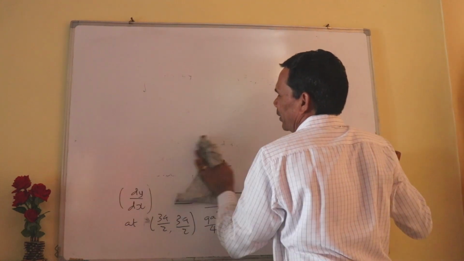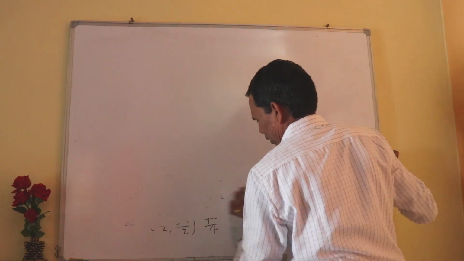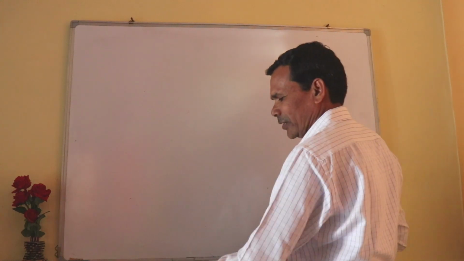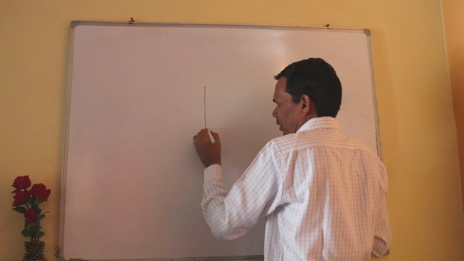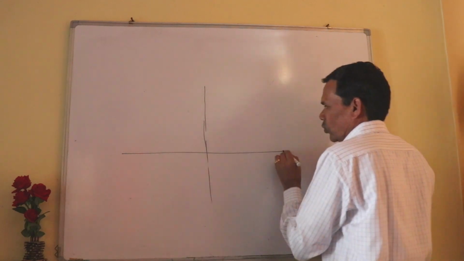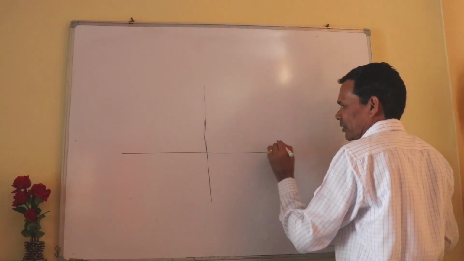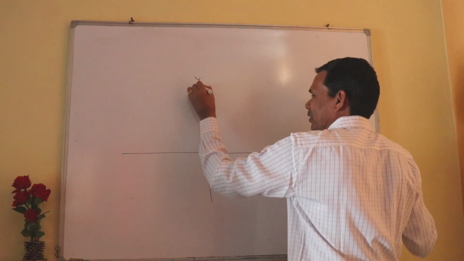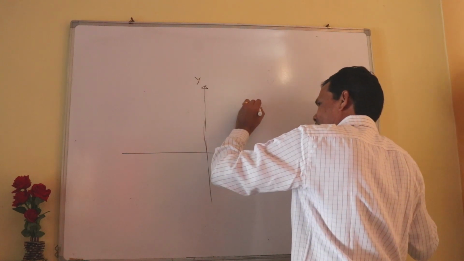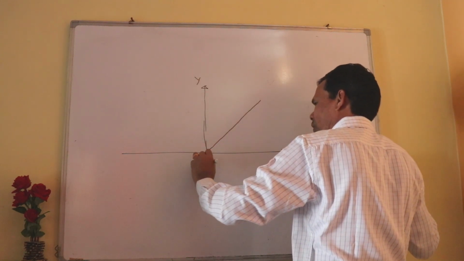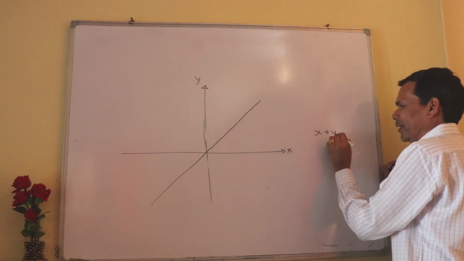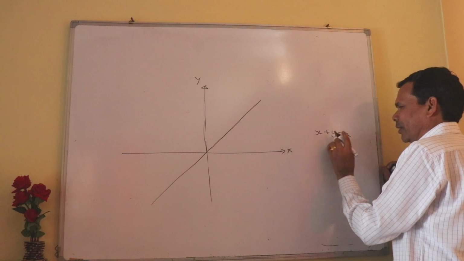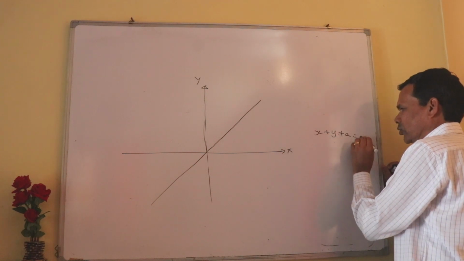Now we come to the approximate shape of this particular curve, the folium of Descartes. The shape is in the XOY plane, this is the x-axis, this is the y-axis, this is the line y is equal to x over here. Then the asymptote is x plus y plus a is equal to 0.